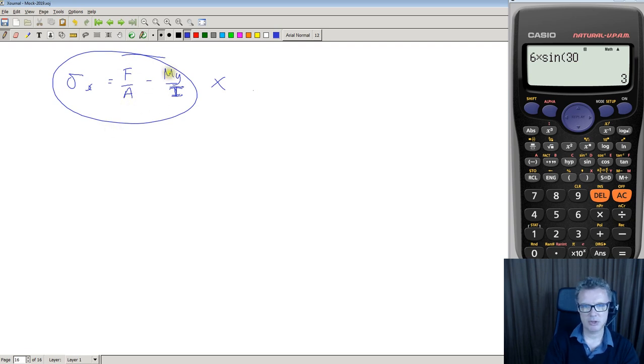So we've got no direct stress, we've just got some bending stress. So we know that bending stresses take the form of M over I, Y, and we know that we've got two components, and one of them will be Z. Right.